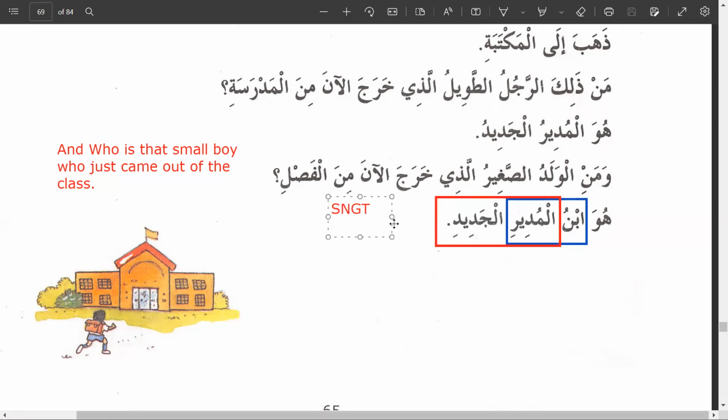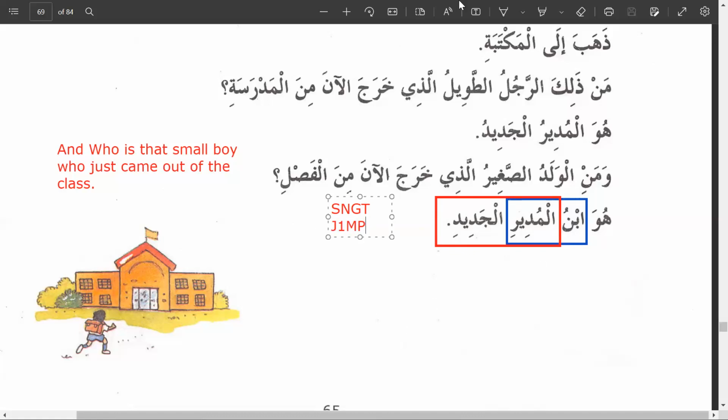Status of both? Jar. Both are jar. Okay. Number of both? Singular. Okay. Gender of both? Masculine. And then type? Proper. Why proper? Because of alif lam. Okay. Good.